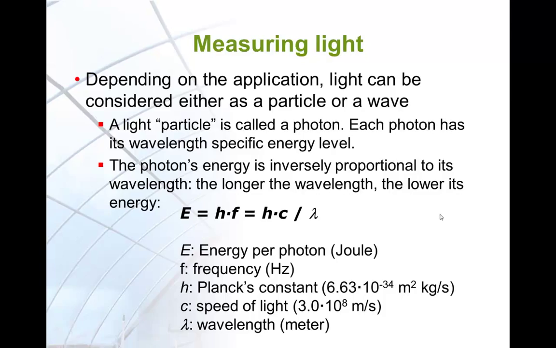And each photon has its wavelength-specific energy level. And that energy level can be computed using this equation, showing the characteristic of its energy being inversely proportional to its wavelength. So that's why wavelength is in the denominator to express the energy level per photon.